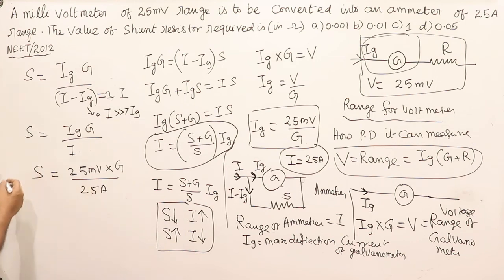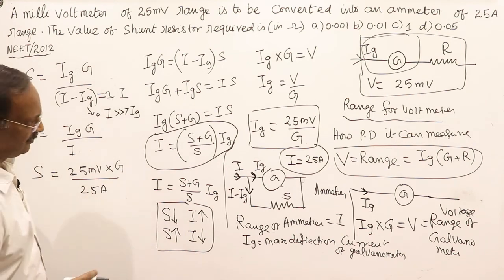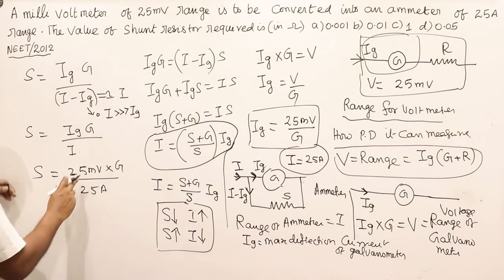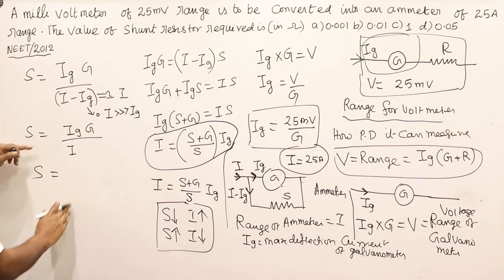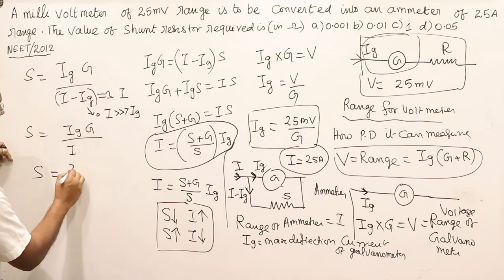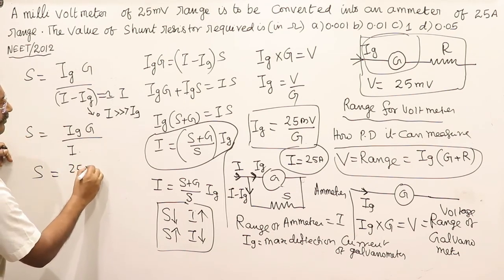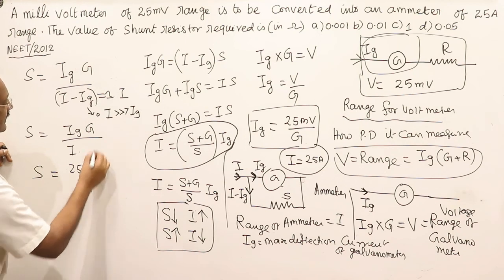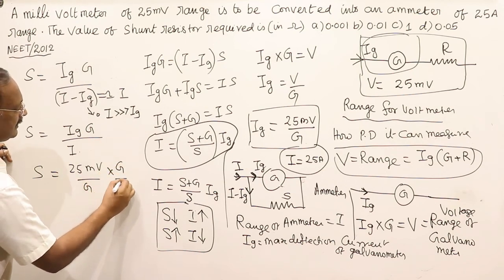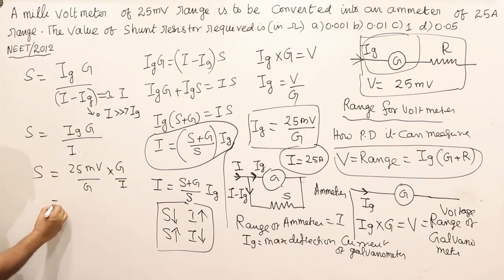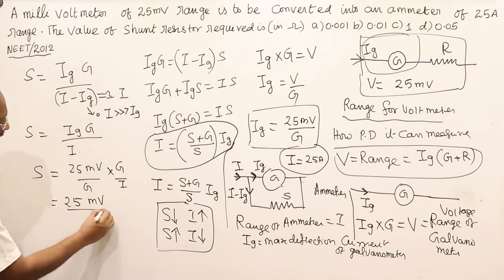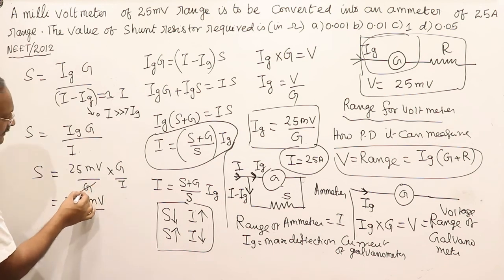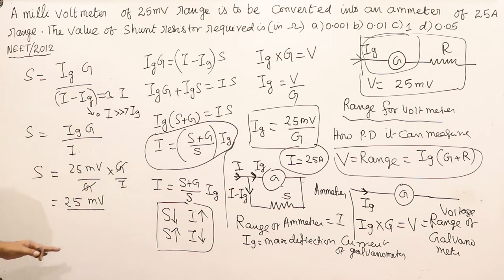What is the value of G? The galvanometer resistance. Ig is equal to 25 millivolt divided by G into G divided by I. So this is equal to 25 millivolt divided by G; this G and this G get cancelled. What is the value of I?